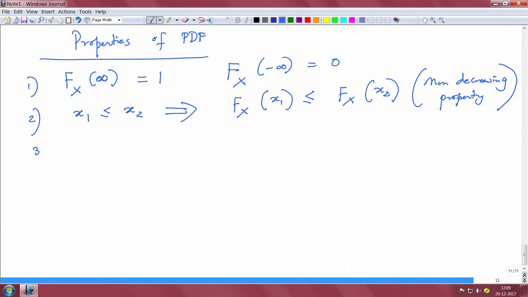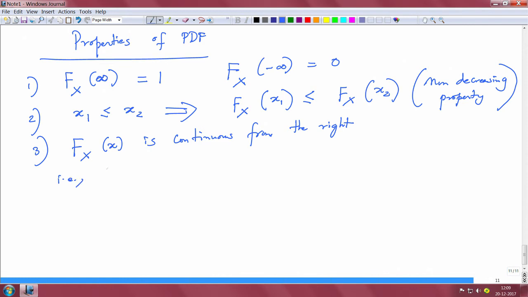Okay. Then there is a third property, capital F_X of small x is continuous from the right, that is the probability distribution function is right continuous.